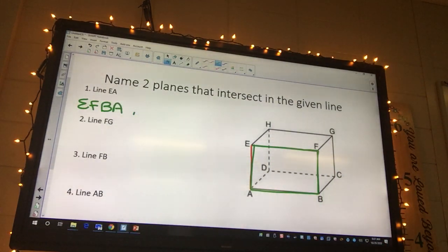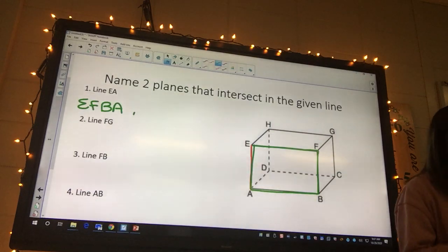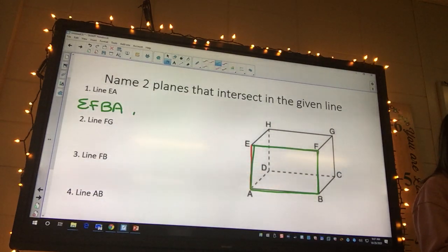If we look at our Kleenex box, here's my line segment, EA. We want to know what 2 sides of the Kleenex box touch this.